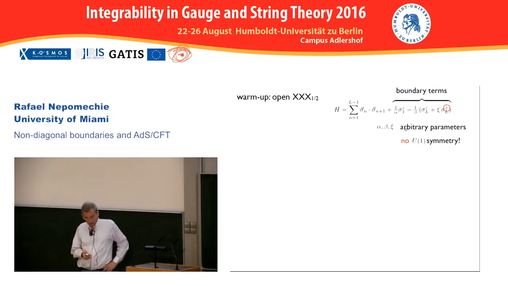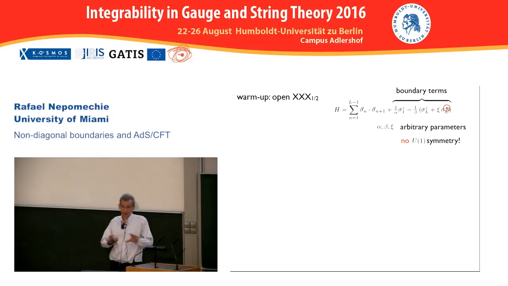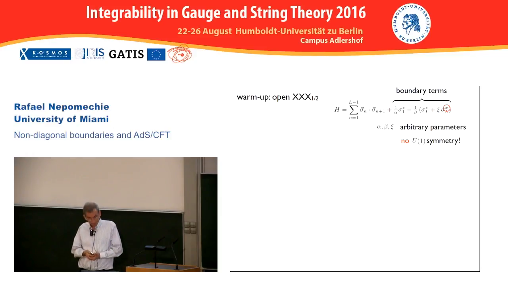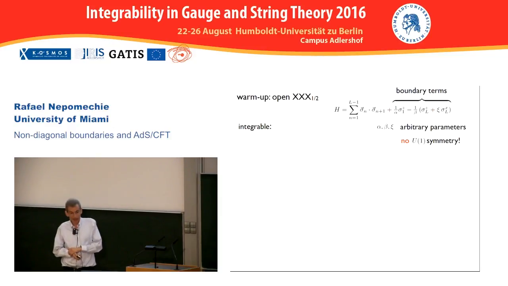But you'll notice that if c, this coefficient here, is not 0, then because of this sigma x, there's no U1 symmetry. So then this has no continuous symmetries. And as I'll say in a minute, therefore we can't solve it by ordinary beta ansatz.